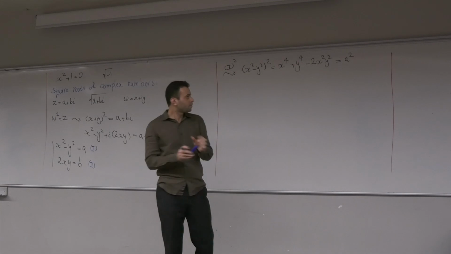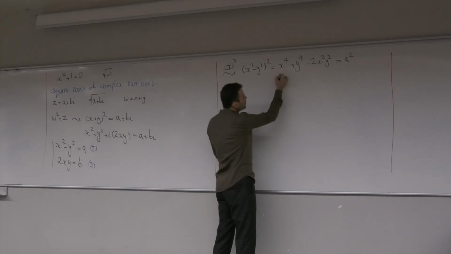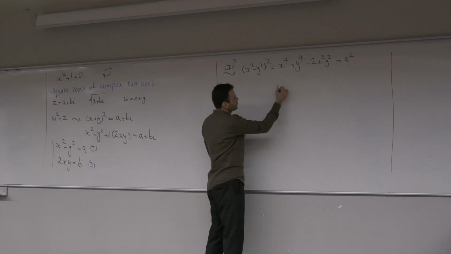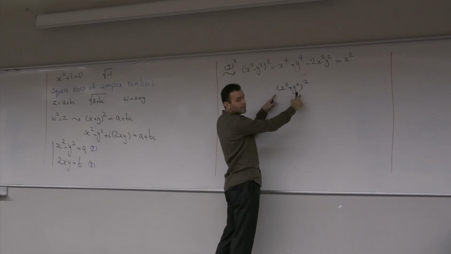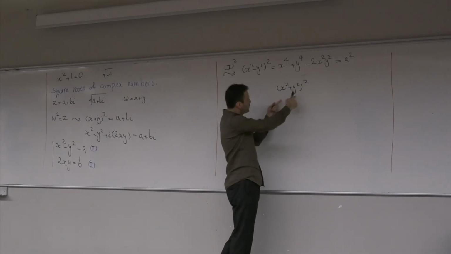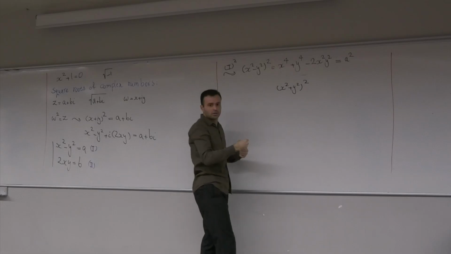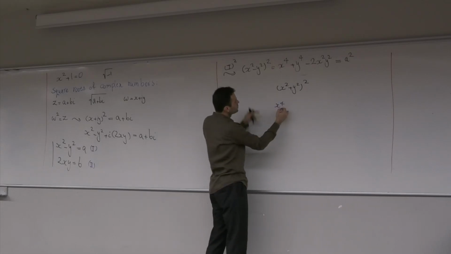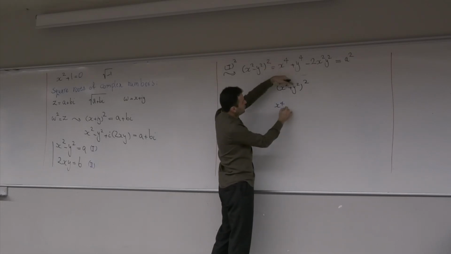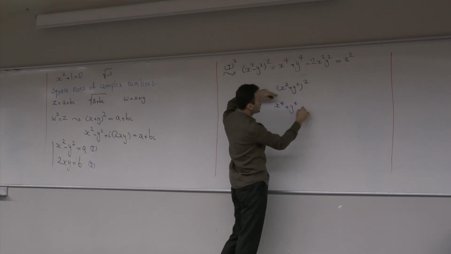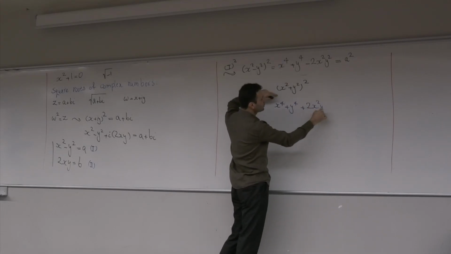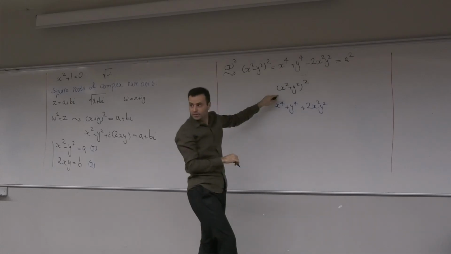By another trick, I mean this. Can I write this expression in this form, x to the power of 2 plus y to the power of 2, to the power of something, which, what will this be? This will be x to the power of 4, I have this, y to the power of 4, I have this, and from here, I will have 2x to the power of 2, y to the power of 2, right?